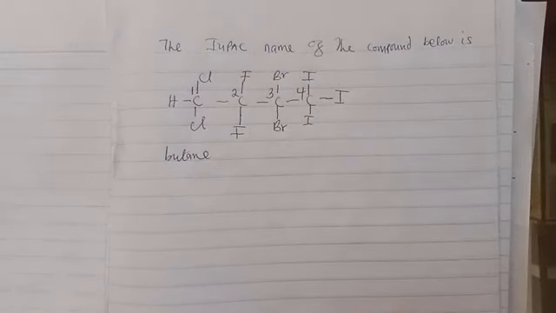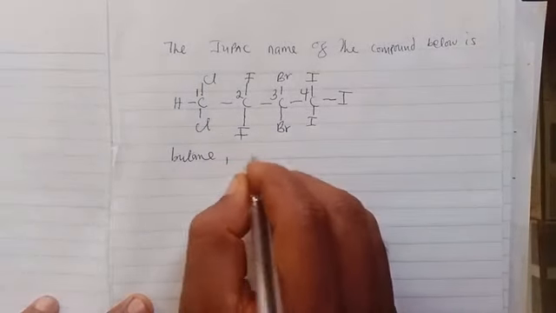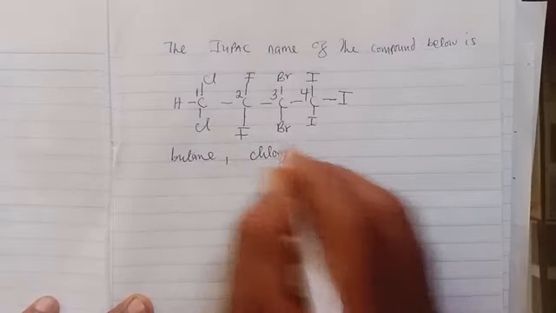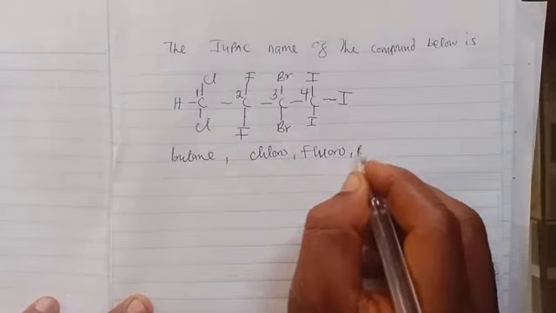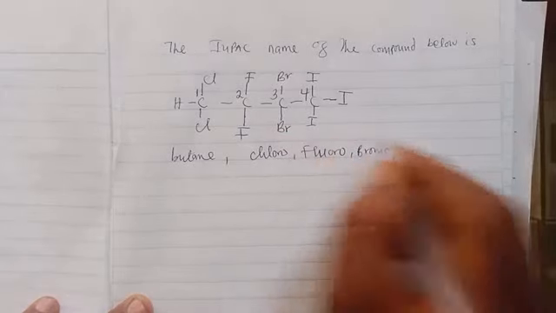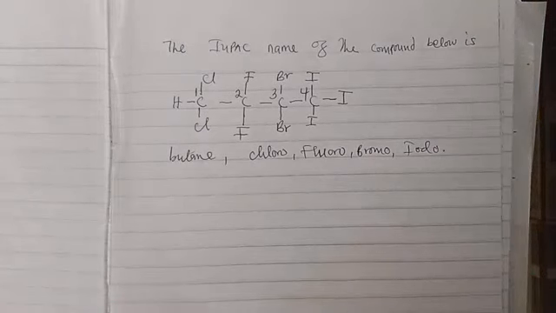Now, the next thing is to name our substituents. And first, what are the substituents present? We have here, this is chloro. Here, this is fluoro. We have bromo, and then iodo. We name them. And how do we name them?